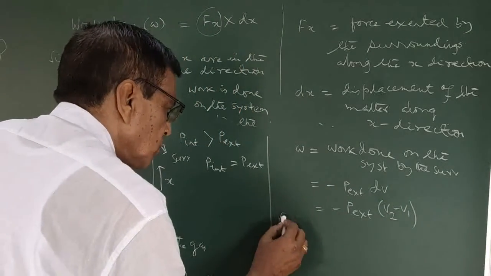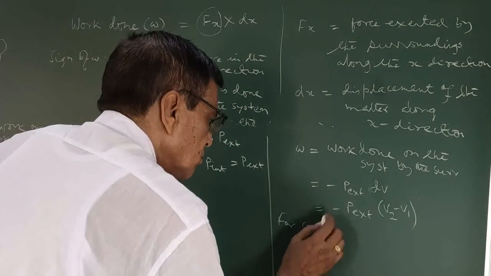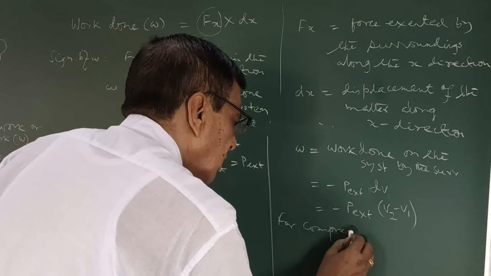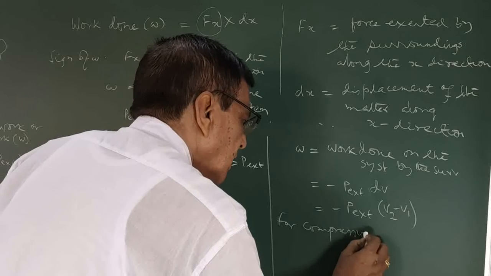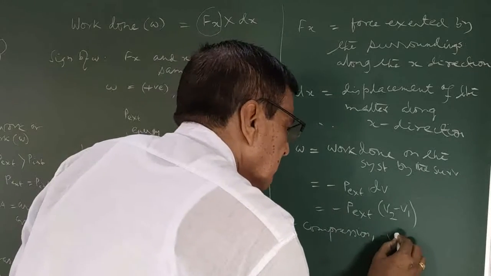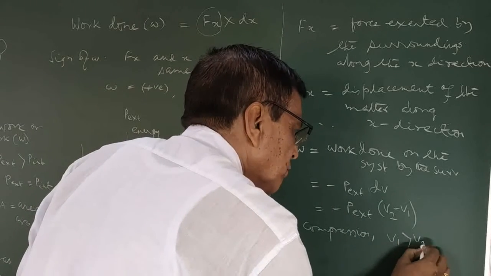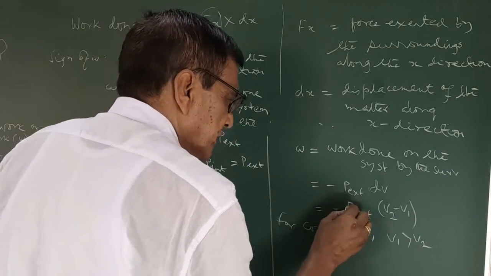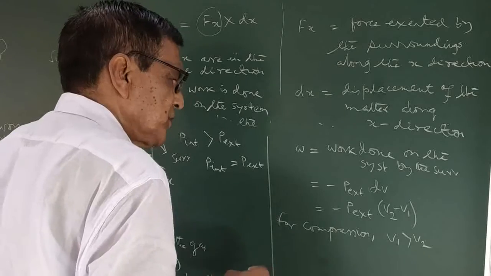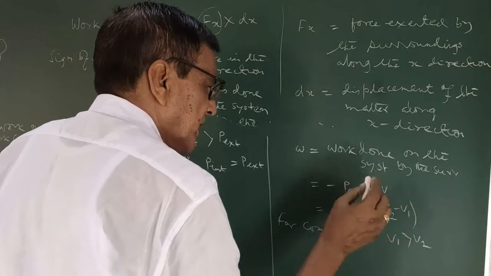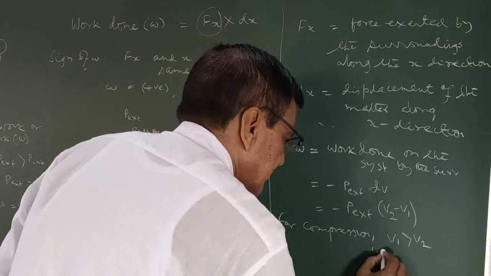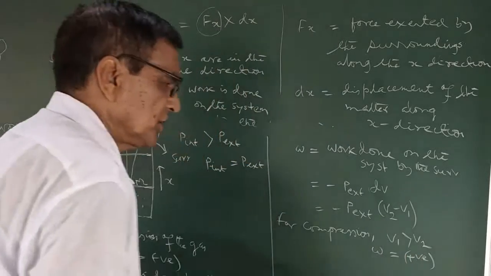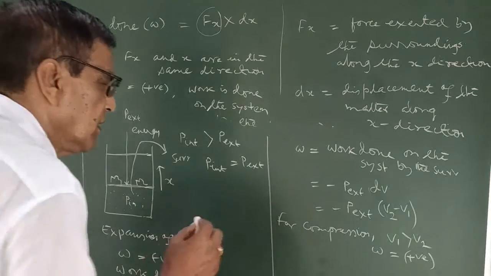So for compression, V1 is greater than V2. So this term is negative, and external pressure is always positive, and there is a minus sign in front, so this work is positive, meaning work done on the system by the surroundings.